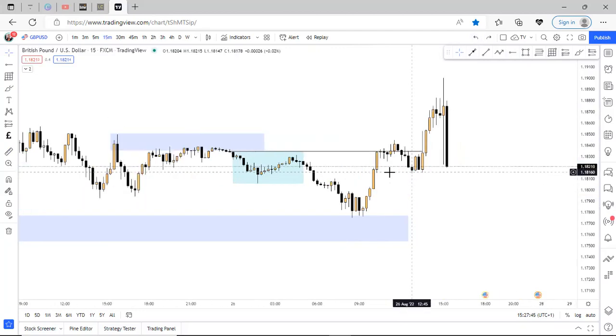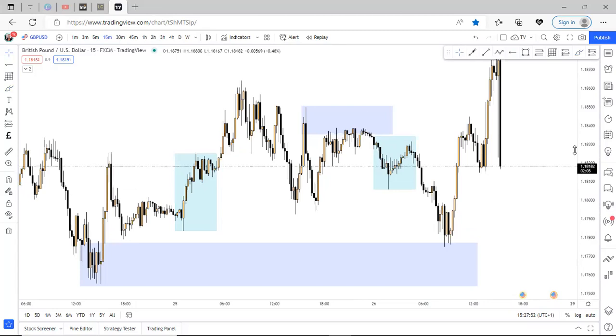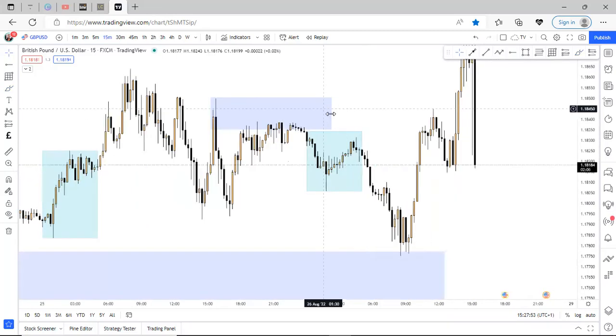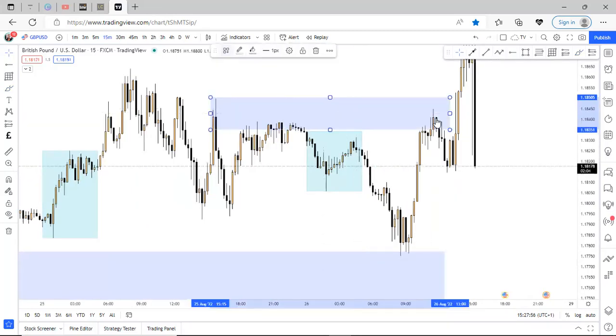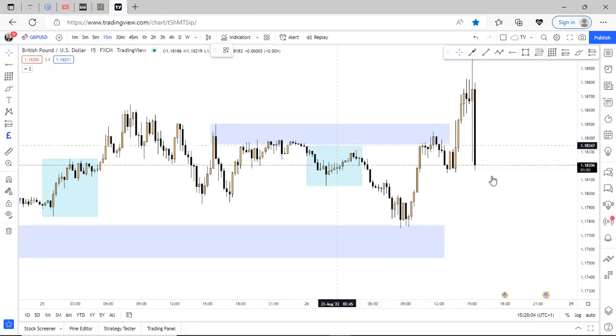Okay, so now this was London session. So moving to the New York session, I saw price started retracing from this place, which was kind of, should I say, realistic enough.